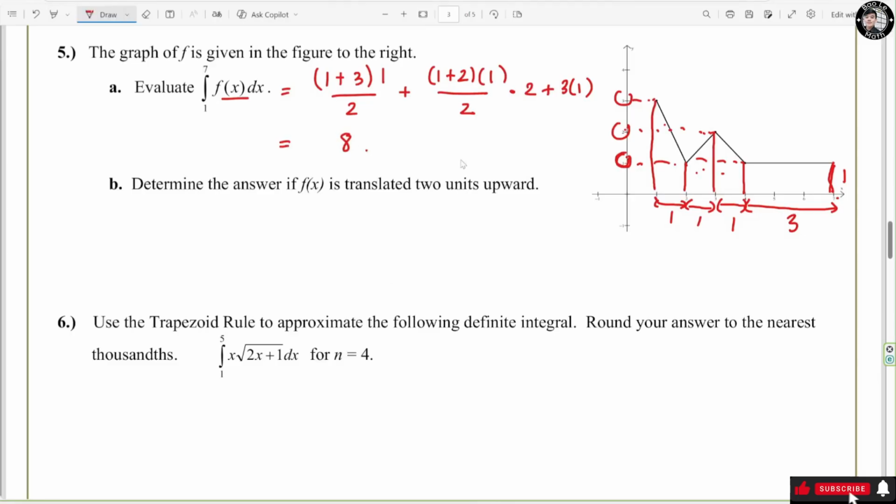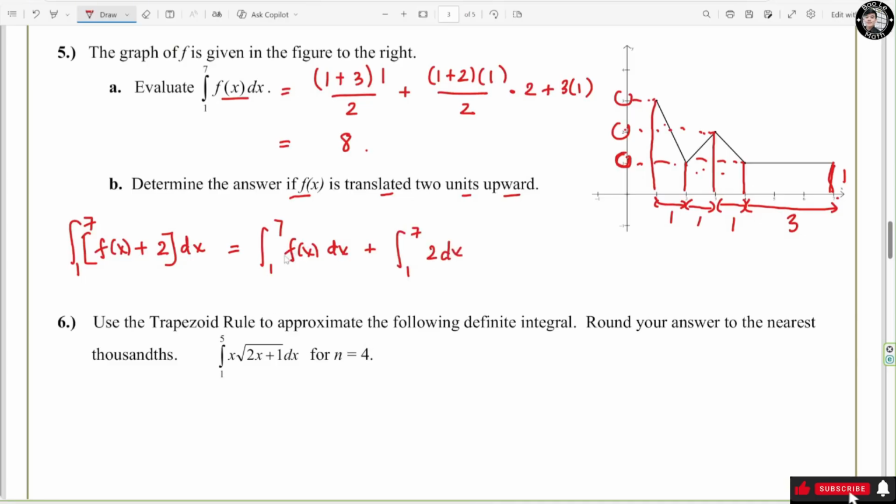Now question B. Determine the answer if the graph is translated 2 units upward. Alright, so it's the same thing as the integral from 1 to 7 of f of s plus 2 ds, right? Turns out to be the integral from 1 to 7 of f of s ds plus the integral from 1 to 7 of 2 ds, right?